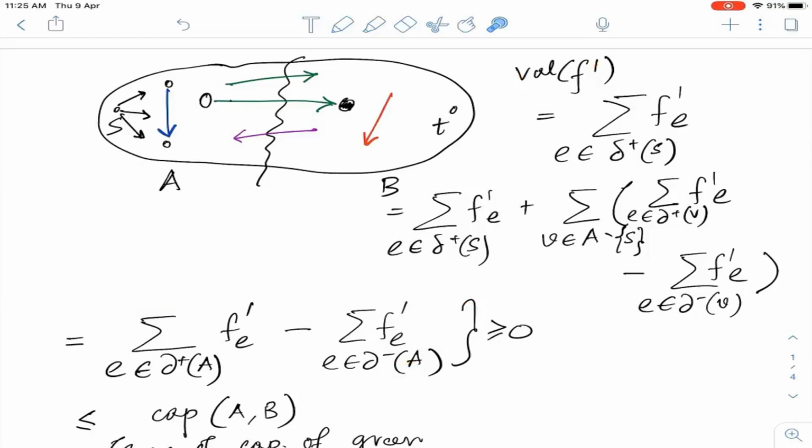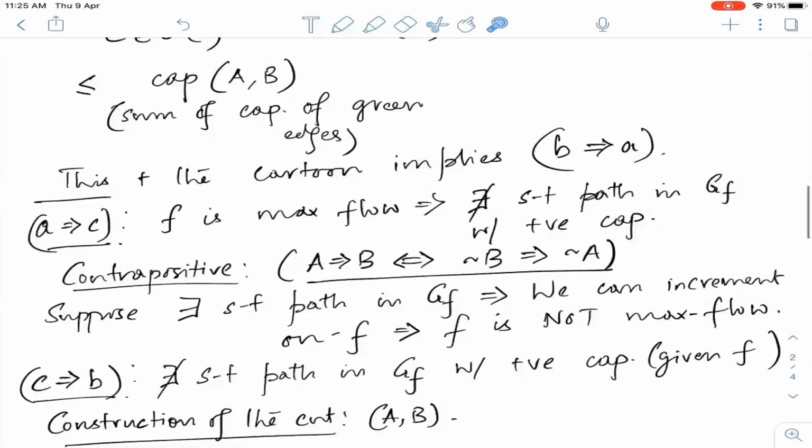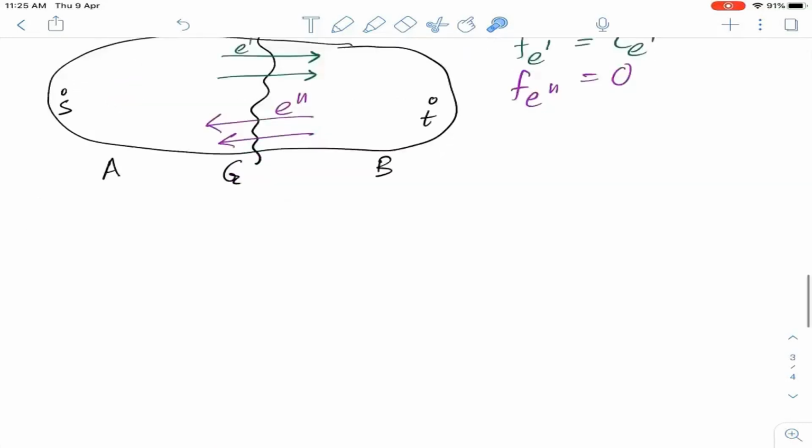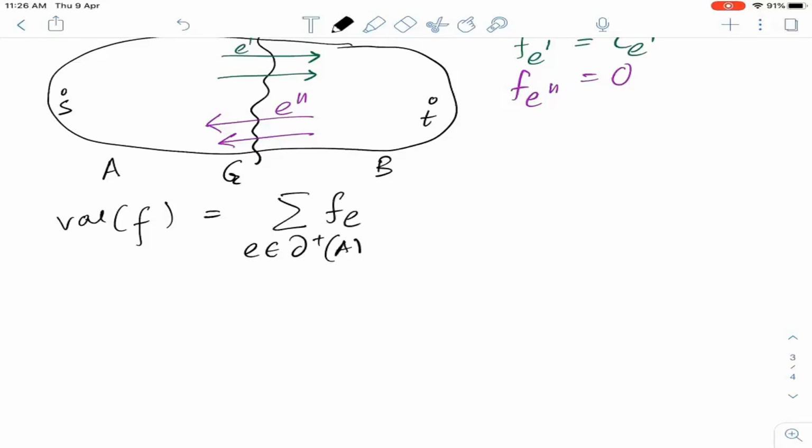So let's rewrite it in the context of the current flow. The value of the flow f is equal to the summation of f of e such that e belongs to delta plus of A, minus the summation of f of e where e belongs to delta minus of A.